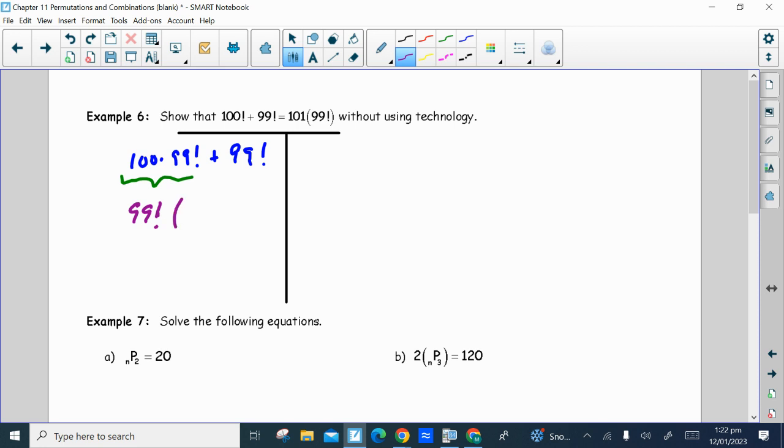To get what's inside the brackets, you divide each term by 99 factorial. So when you divide 100 times 99 factorial by 99 factorial, you're left with the 100. Plus, when you divide 99 factorial by itself, you'll get 1. And 100 plus 1 is 101. And that's the same thing as 101 times 99 factorial. So we've just shown that those two expressions are equivalent.